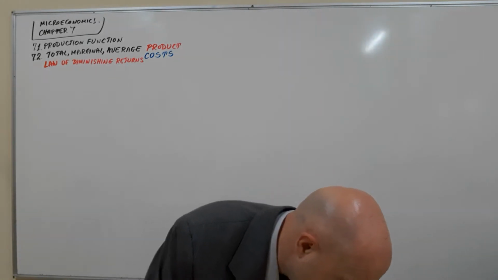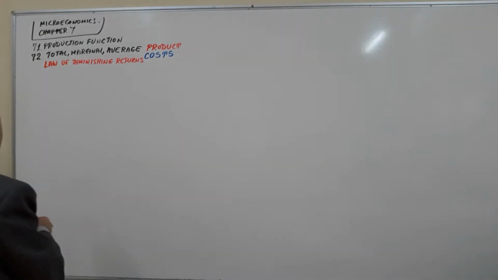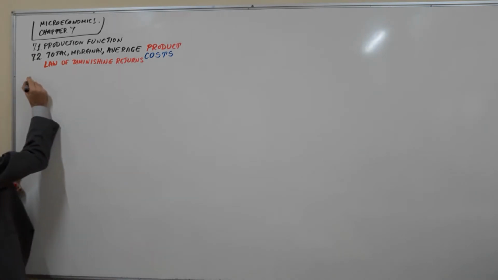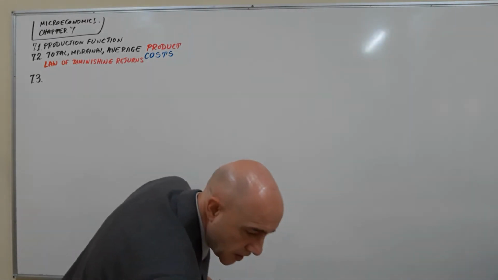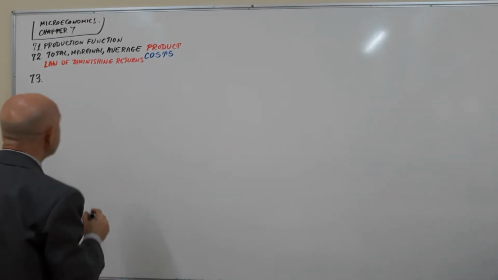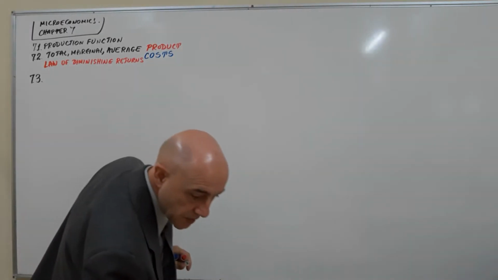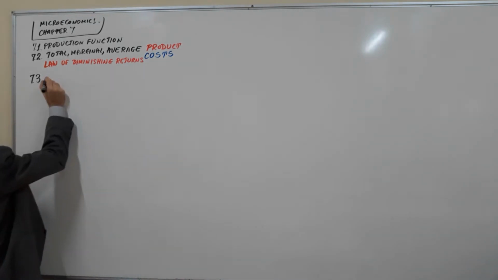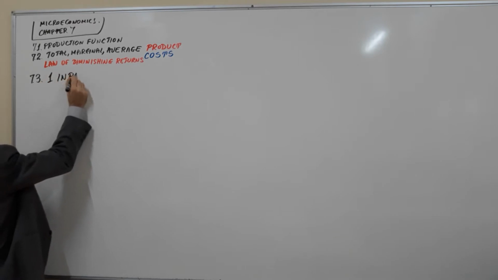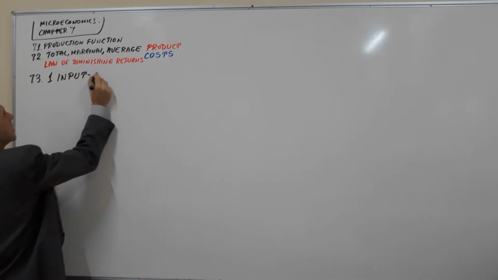All right, so 7.3 becomes optimal use of one variable input.